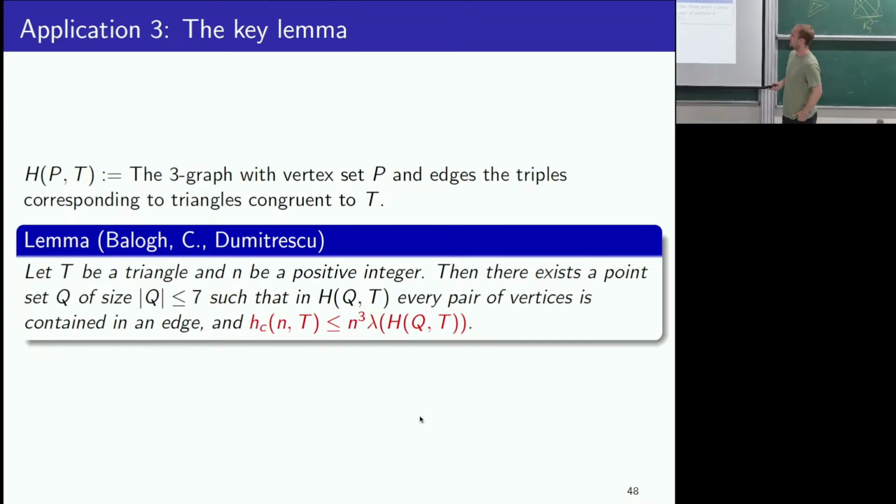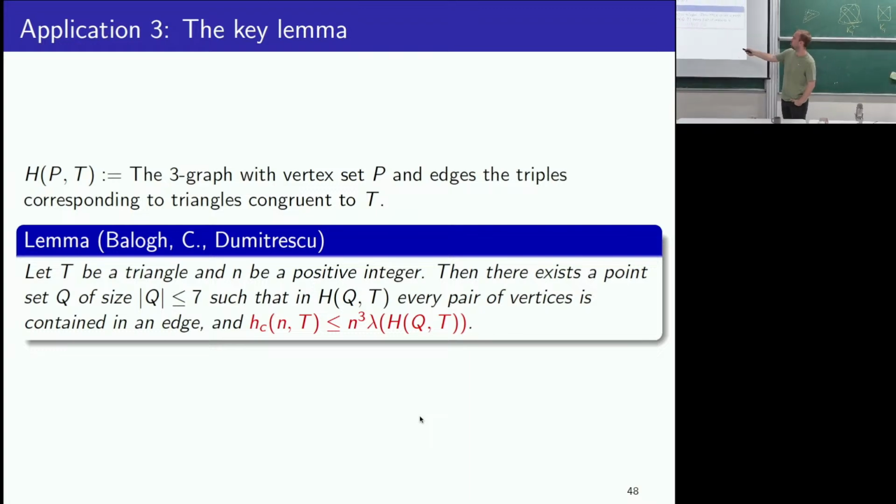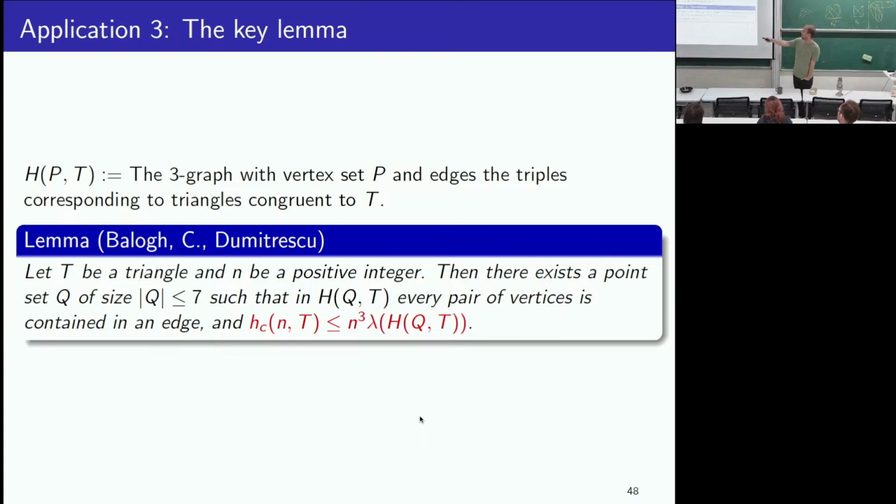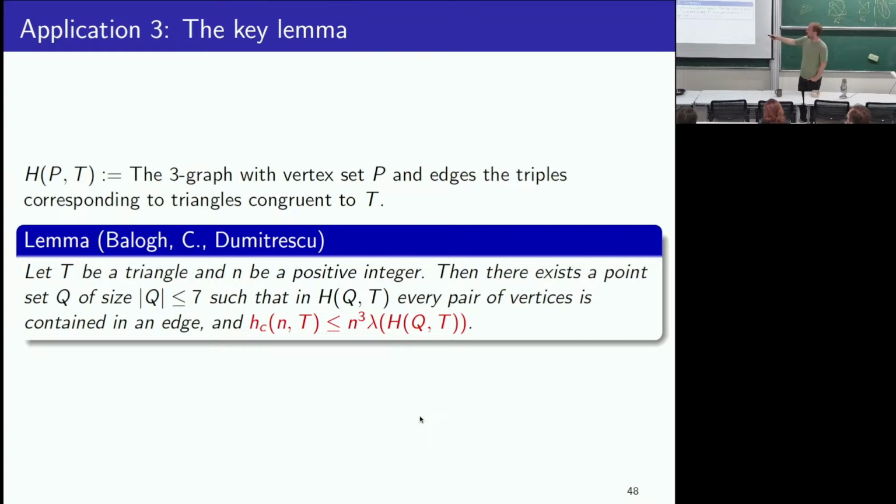Okay, and this key lemma here now reduces finding the maximum number of almost congruent triangles in a plane to a given one to the Lagrangian of some hypergraph. So let's go through it. Say we have a given triangle and we have our endpoints, then we claim that there exists a point set Q, and this point set Q is small, size at most 7, such that in the exact auxiliary 3-graph of that small point set on at most 7 vertices, we have some information, that being the shadow graph is complete, or every pair of vertices is contained in an edge.